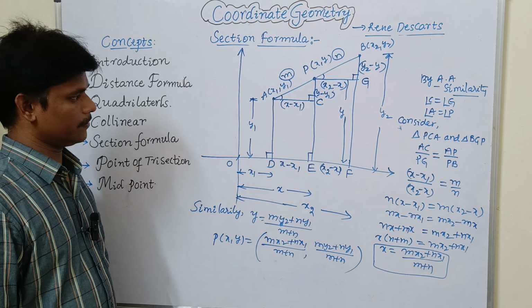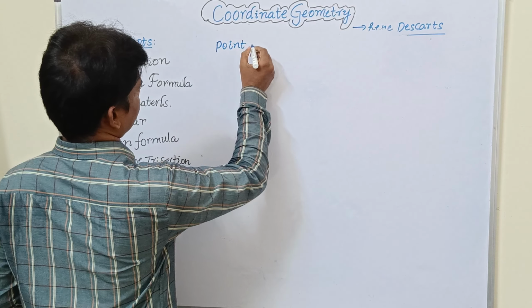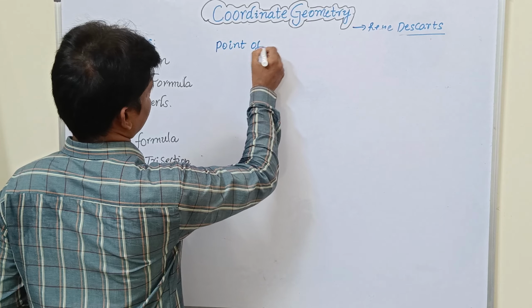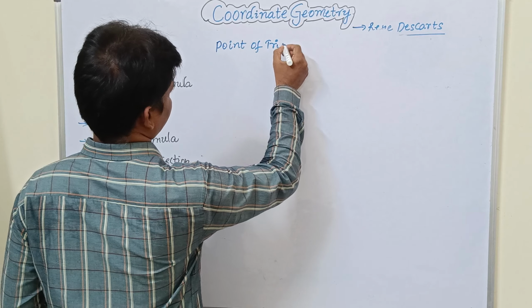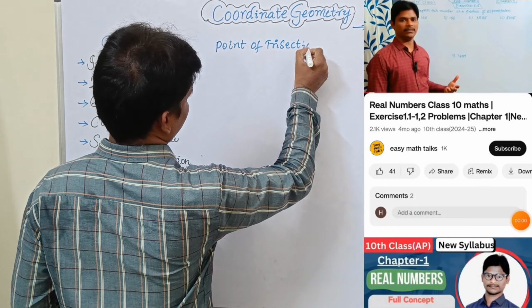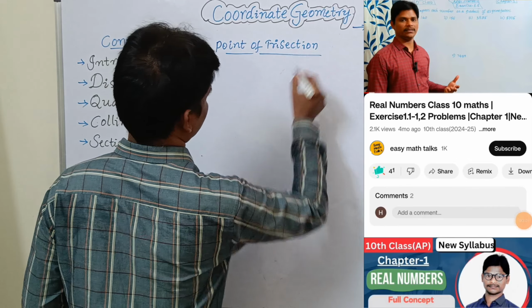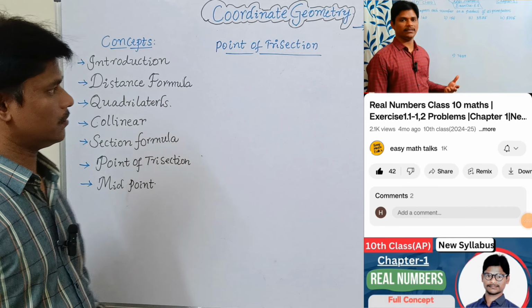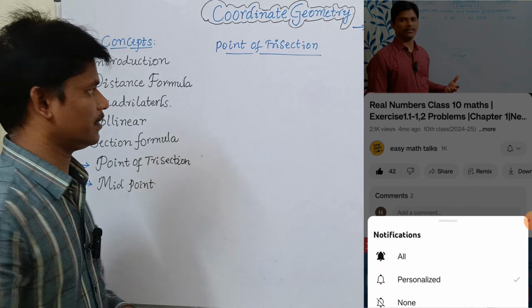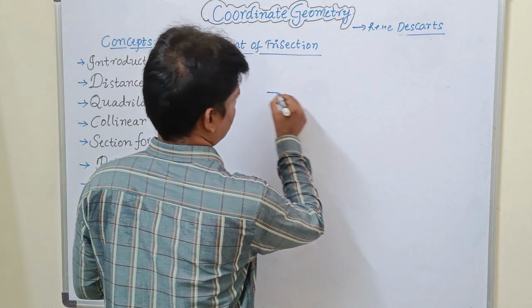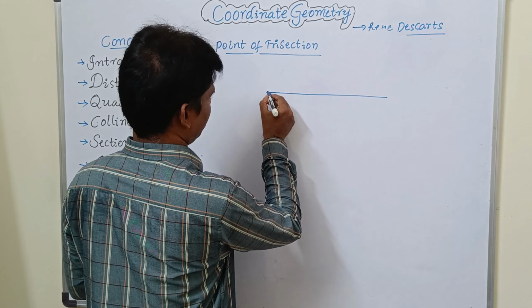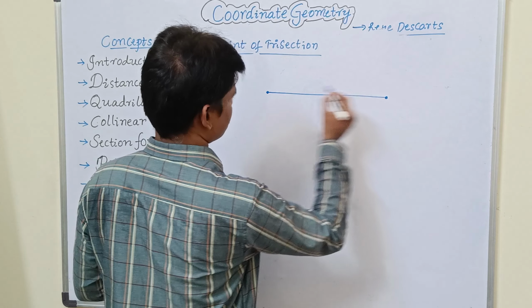So we will see what is point of trisection. Suppose 2 points divide a line segment equally.